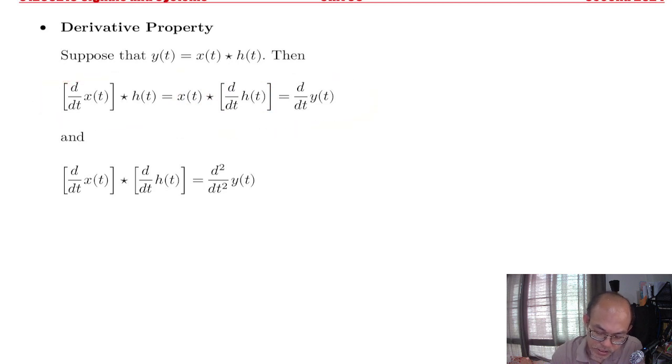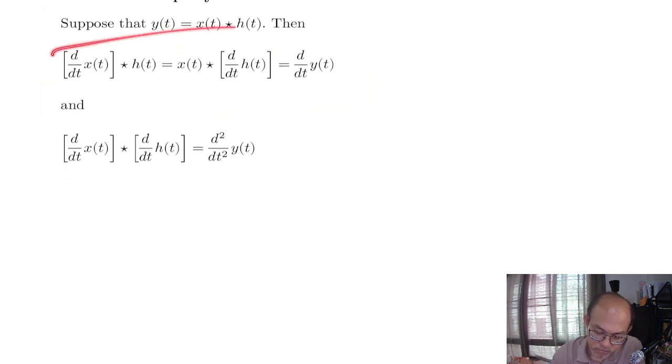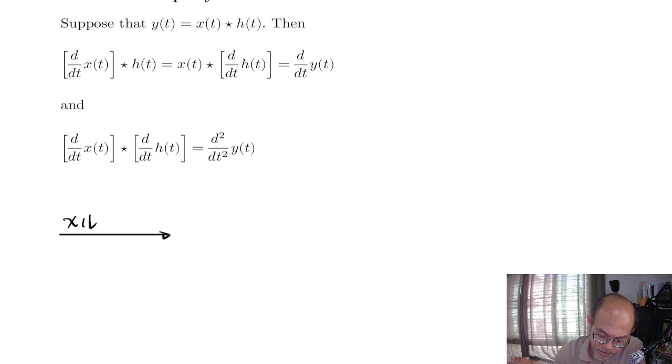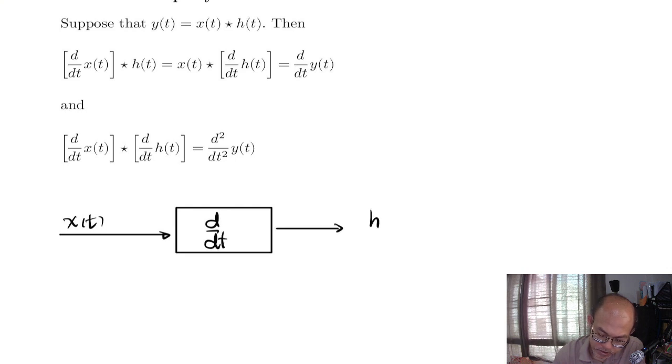So this is going to be very helpful. Now, if we take a look at this using diagrams as usual, we have x of t coming in, and we take the first derivative of it with respect to time, and we put it into a system with the impulse response h, and we record the result.